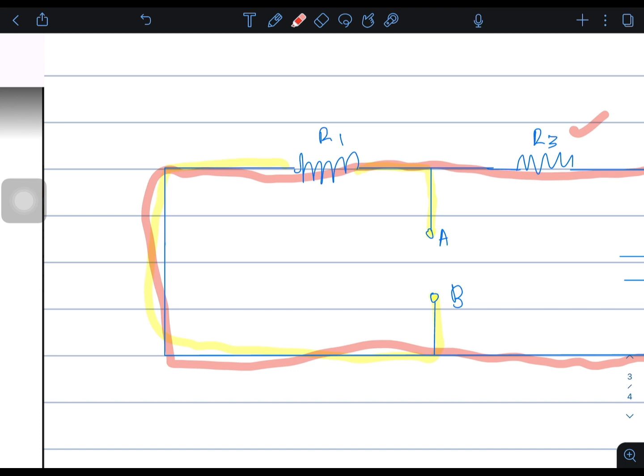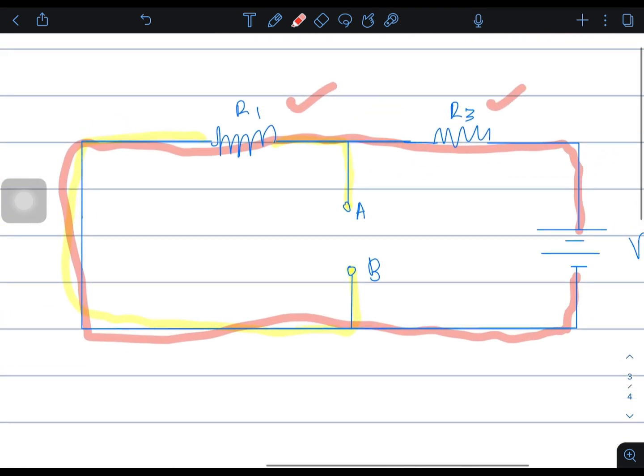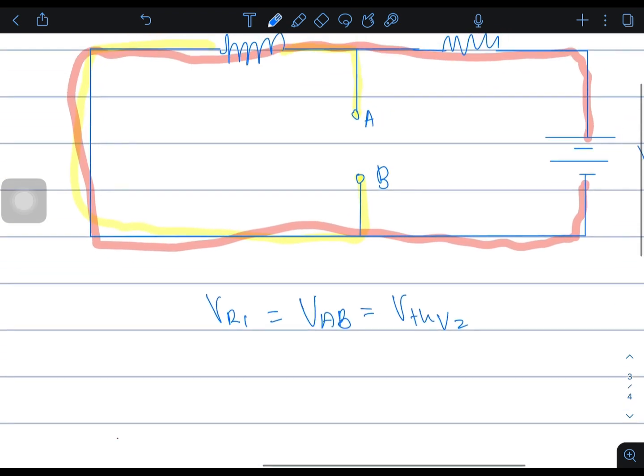This resistor and this resistor are sharing 30 volts. We're going to use the voltage divider rule to find VR1, because VR1 is equal to the terminal voltage between A and B. That is the Thevenin voltage due to V2.